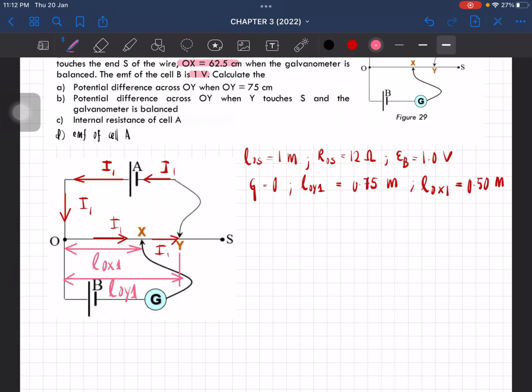Since wire OS here is uniform, we can use the ratio of R and the length.